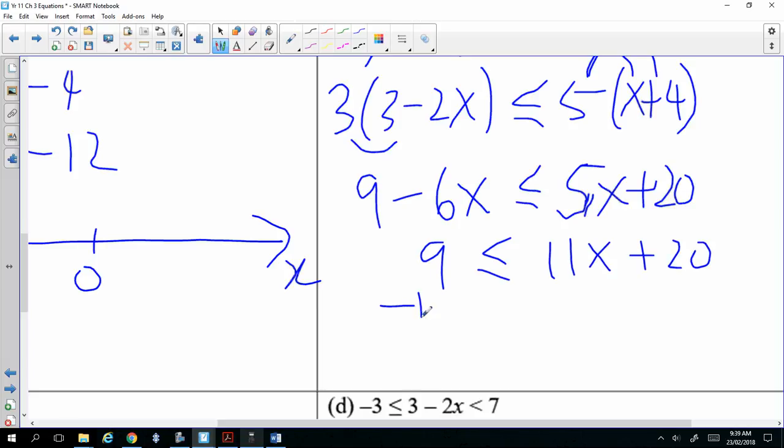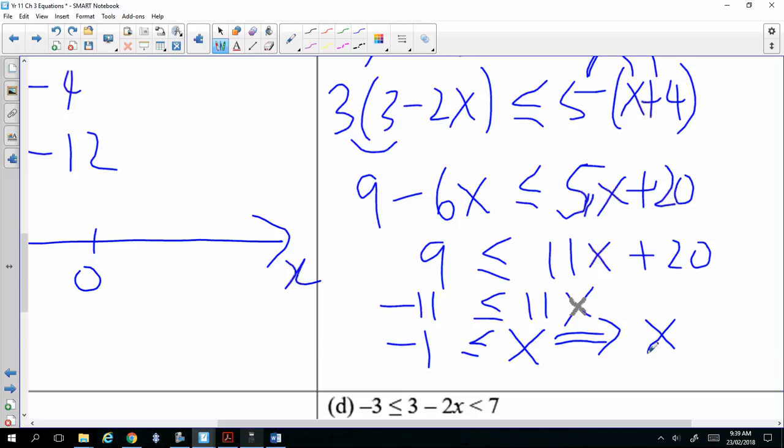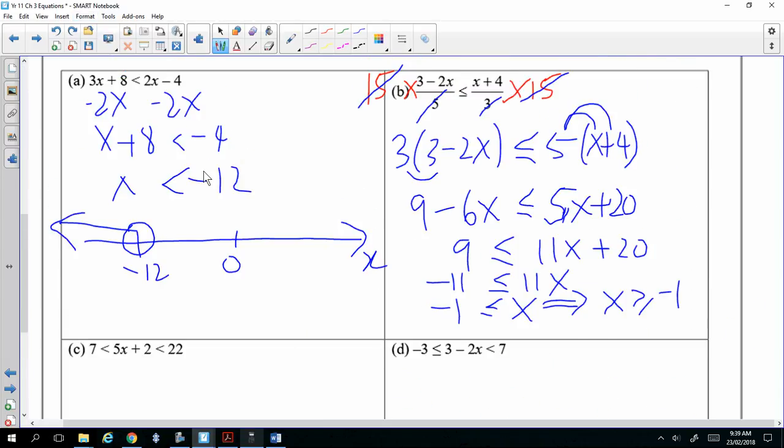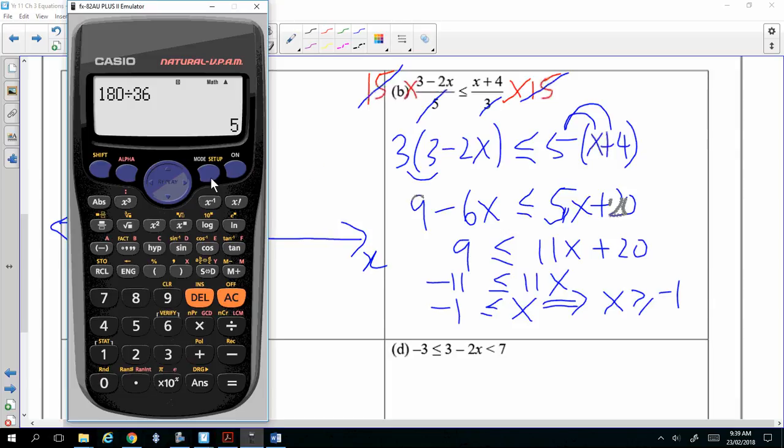And then you swap the sides, so make sure you swap the inequality, so it's x bigger than or equal to negative 1. So graphing it, you just write the x-axis, -1, 0, bigger than or equal to, so it's a dark circle going to the right.